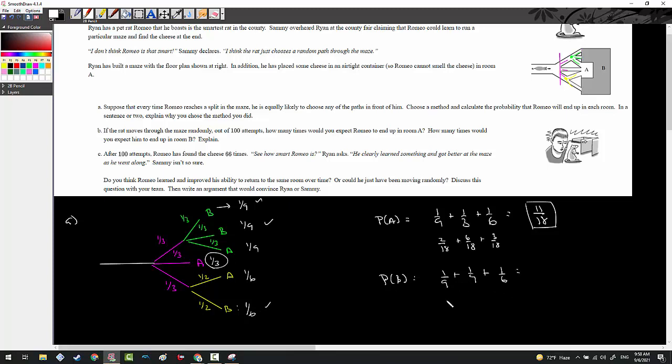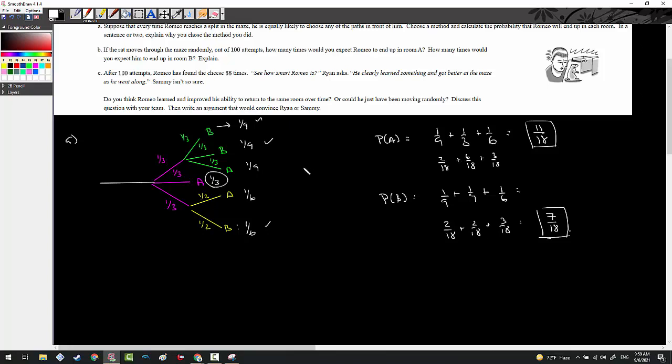So 18 is the common denominator here, so I'm going to go 2 over 18 plus 2 over 18 plus 3 over 18. So that's going to be 7 over 18 chance that the rat will end up in room B.